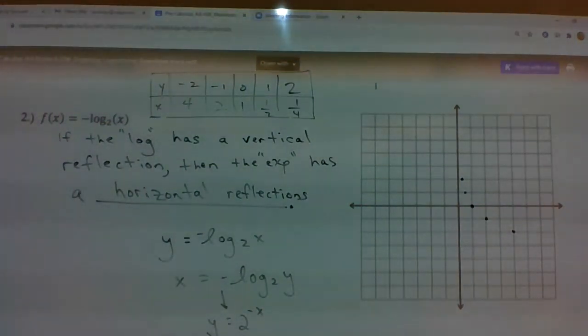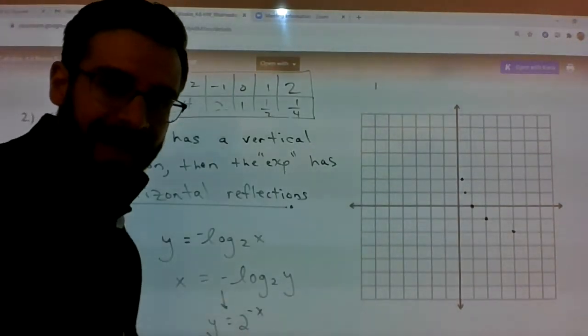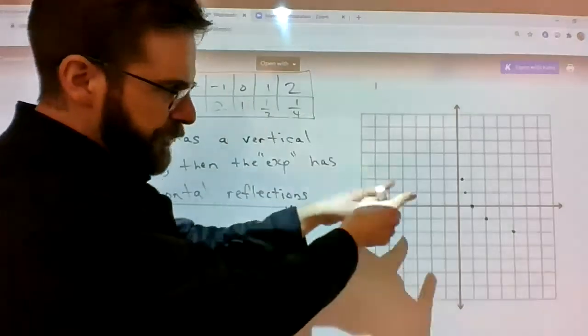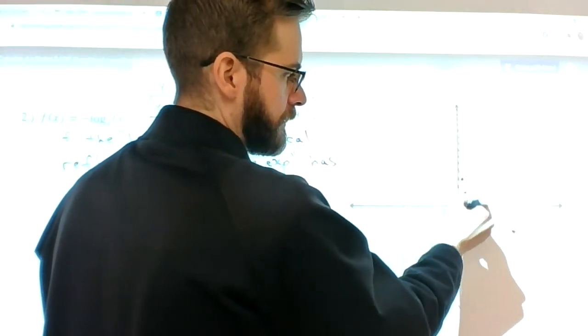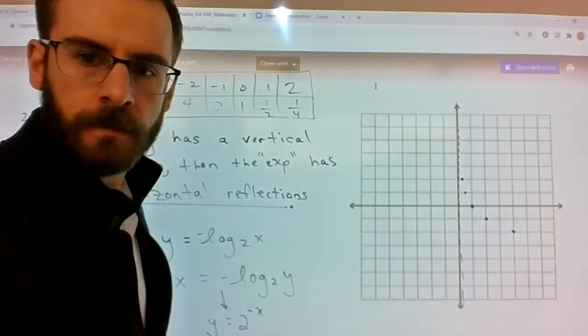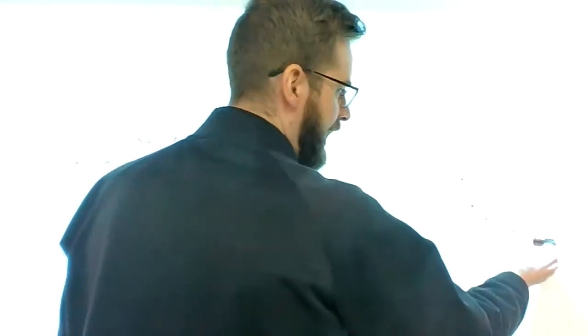Okay, so just like this one still had a horizontal asymptote at 0, this one's still going to have a vertical asymptote at 0. But it's going to climb up this way.